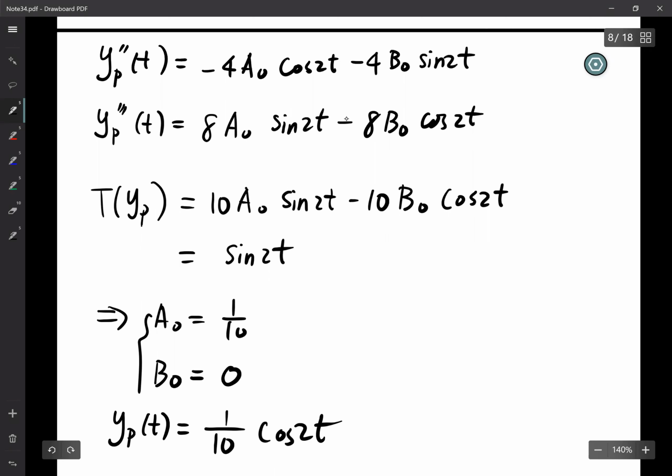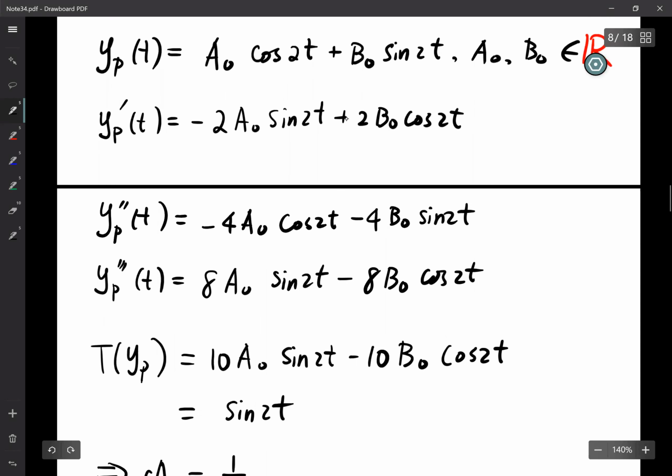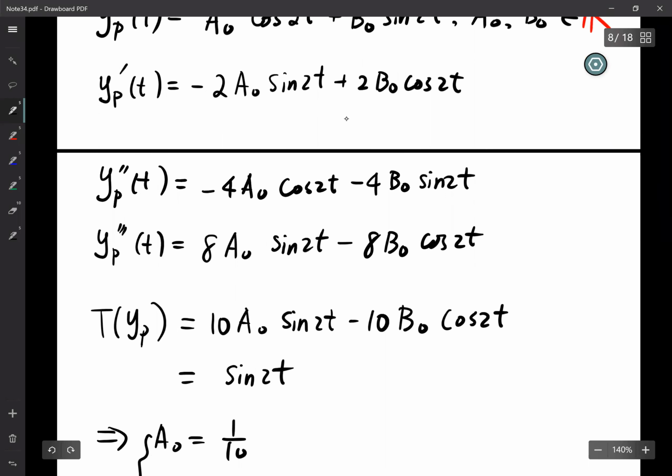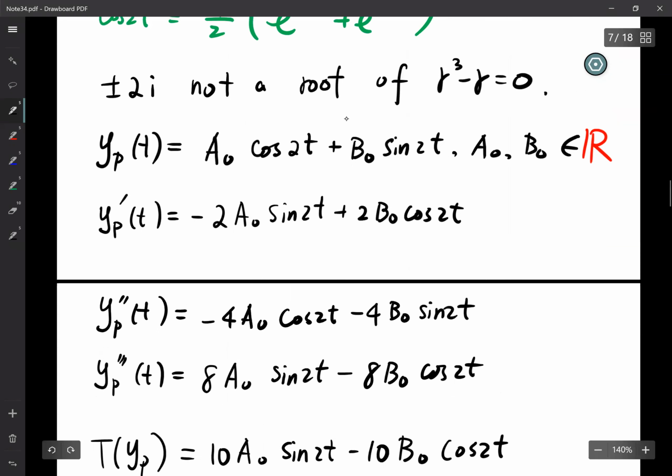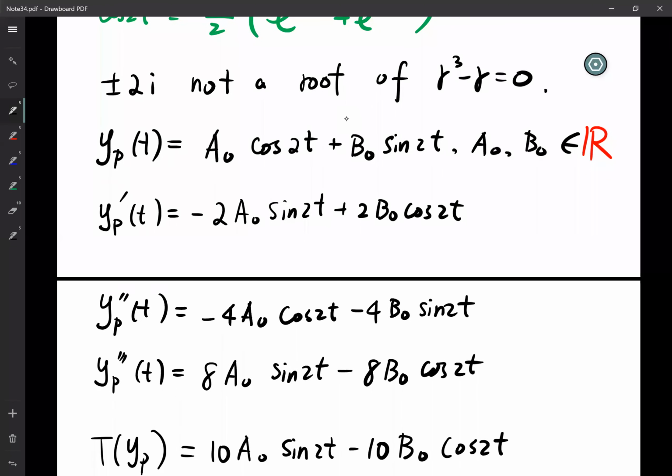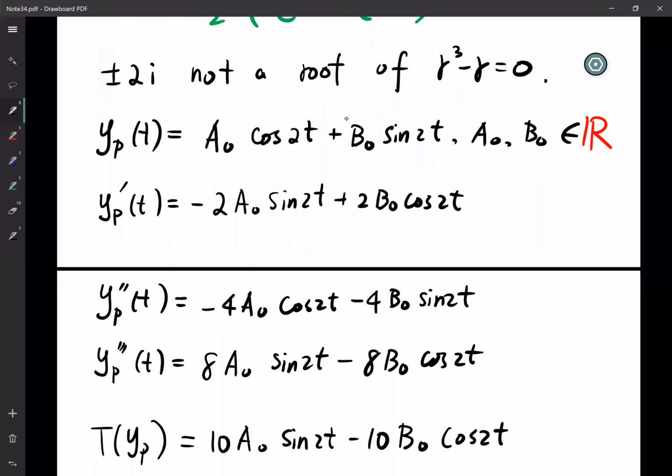Any question? I might have lost you from y triple prime to yp. How do you get the minus 2? I just take a derivative. But from y triple prime, how did you get from there to yp? It's just y triple prime minus y prime, right?